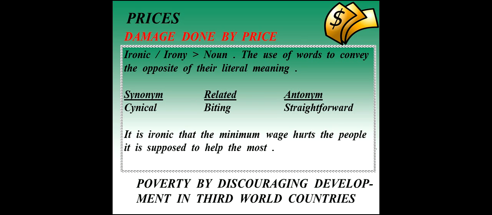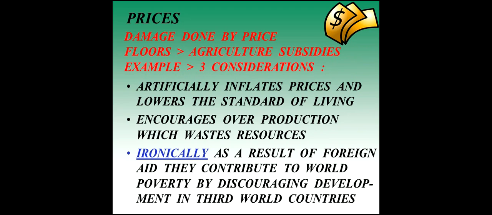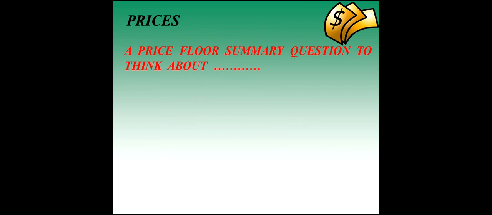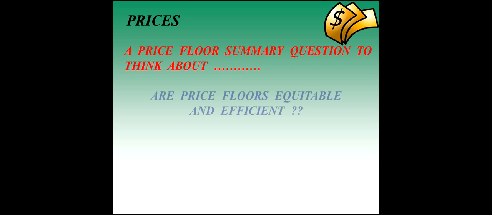It's ironic that the minimum wage hurts the people it's supposed to help the most. So these 3 damages are considerable and really need to be taken into account. As we had with price ceilings, I have a concluding price floor summary question for you to think about: are price floors equitable and efficient?